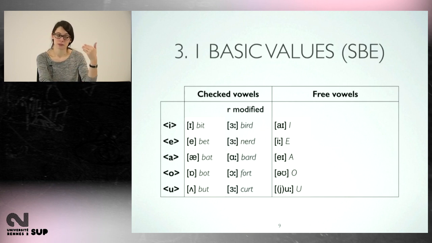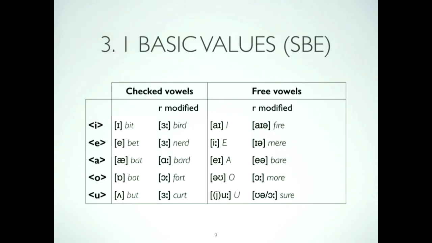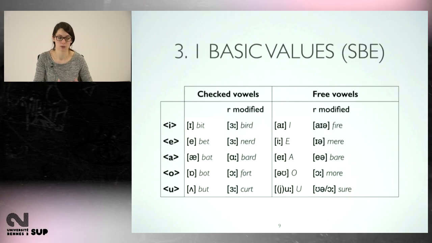Again, the free value may be modified by R if you have an R following the vowel in a free context, and we'll see what the free context is as opposed to a checked context. These are the values that you have in this column. So ia is the free R modified value of the I vowel.